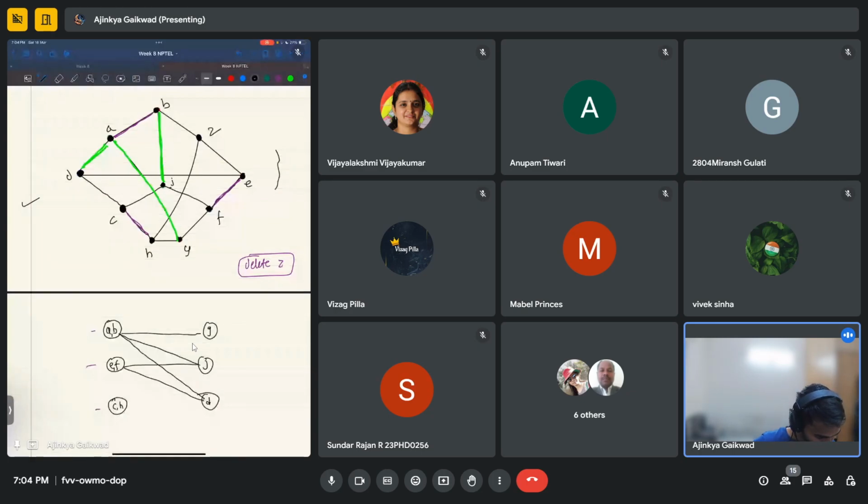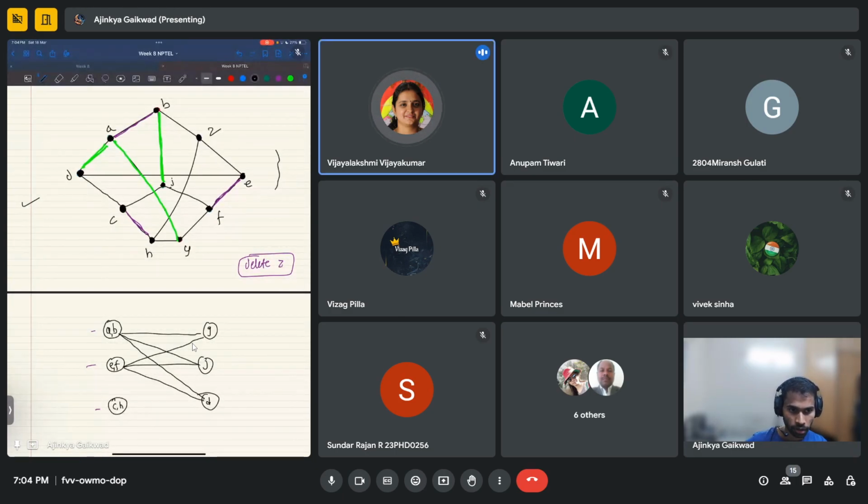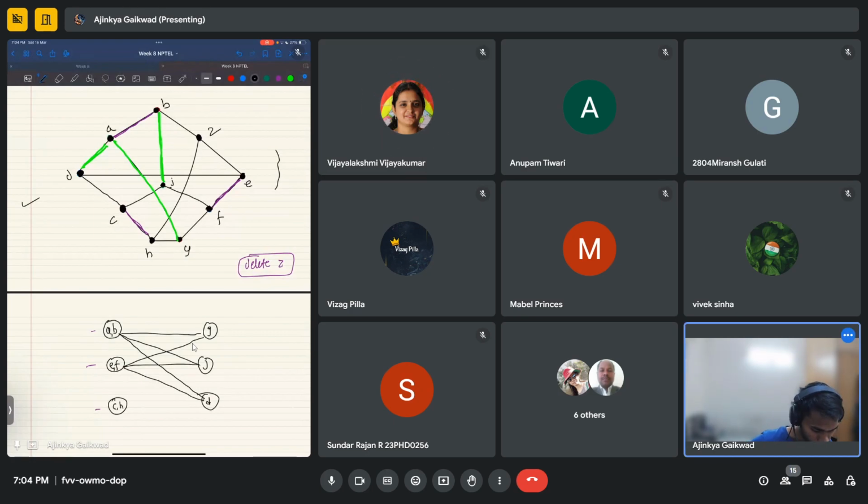And F is adjacent to G as well, so I'll put this. Is this clear what I'm doing? Can someone please confirm by putting +1 that it is clear what I'm doing by these edges. Yes, yes. So, okay, let's see. Is there an edge between CH and G?